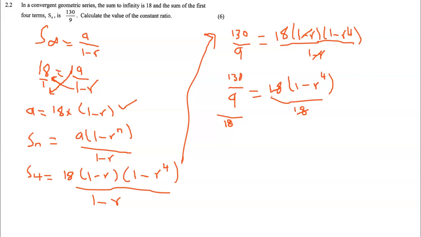So let's quickly do that. So it's going to be 130 divided by 9. Okay, and then the whole thing is divided by 18. So whatever the answer is, just divide the whole thing by 18. So it will give you a number.